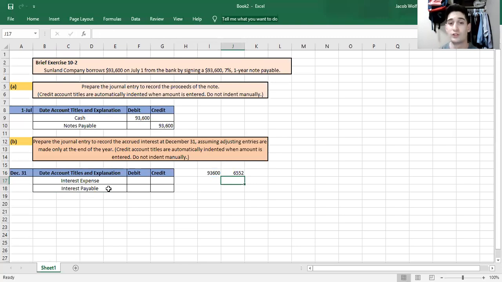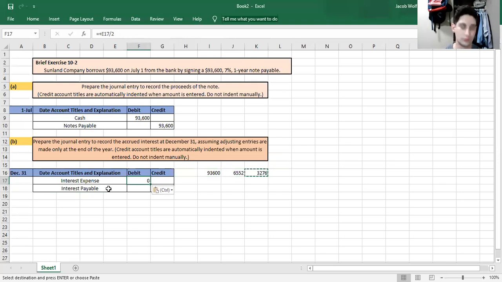Now that's a full year, 6,552. That's the full year of interest. Like we were talking about, this is July to December, so we're dealing with half of the year. So if we take that 6,552 and divide it in half, we get 3,276.